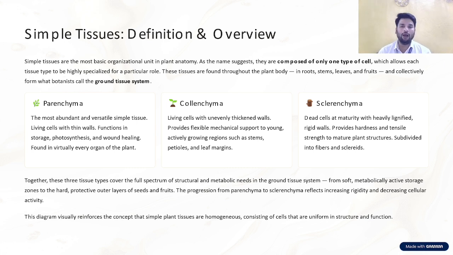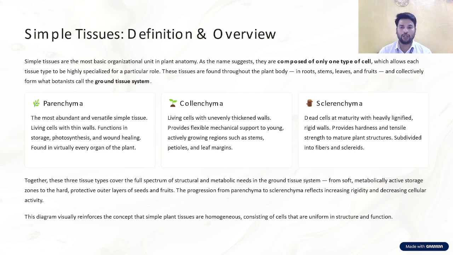Then collenchyma, living cells with unevenly thickened walls, provides flexible mechanical support to young, actively growing regions such as stem, petioles, and leaf margins. And the last one is sclerenchyma, which is composed of dead cells at maturity with heavily lignified rigid walls, providing hardness and tensile strength to mature plant structures, subdivided into fibers and sclereids.